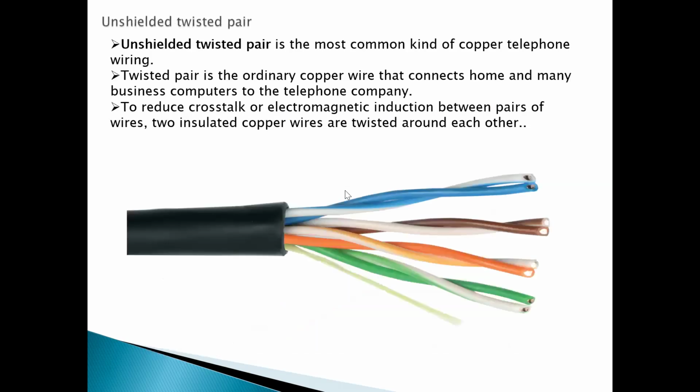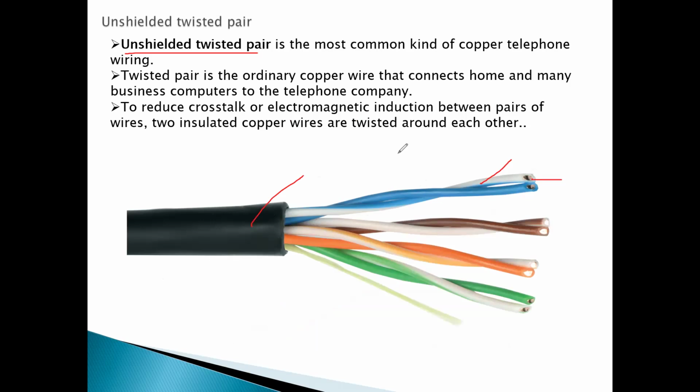Now, twisted pair cable, you will have a UTP cable also. So this is basically the UTP diagram. Unshielded twisted pair, because it has only two covers. This is the copper conductor cover, and all these cables are covered by this. So there are only two layers. It is unshielded, that is why we call it unshielded twisted pair.